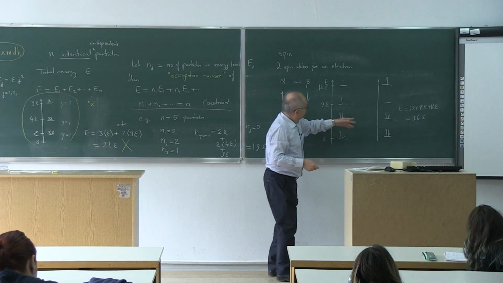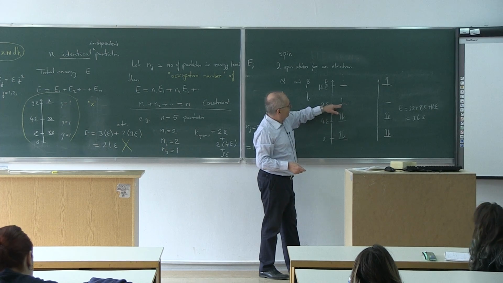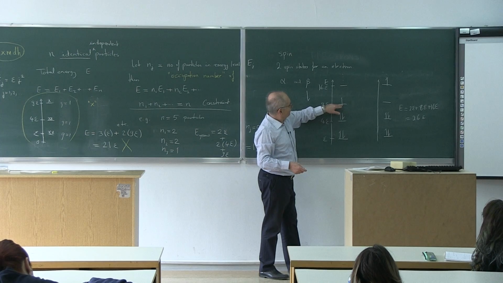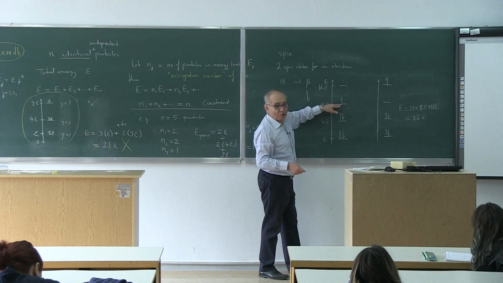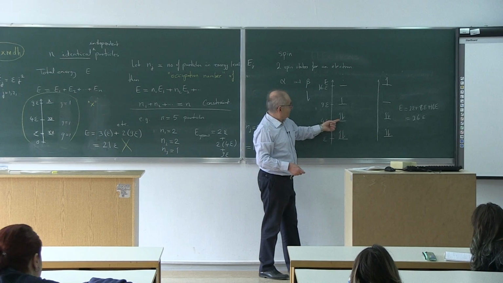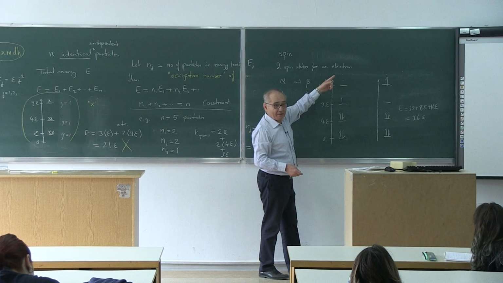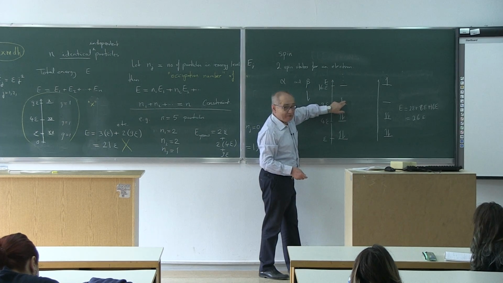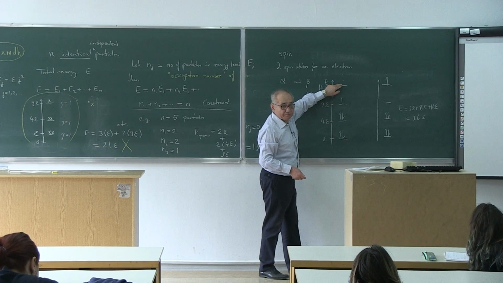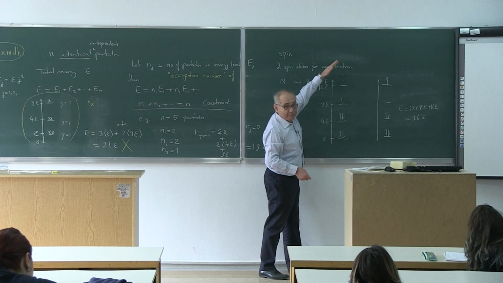Of course, it is not necessary to excite the electron from the highest occupied level to get excited states. You can excite one of these electrons to either here, because this is partially occupied, or to that one, or some other level.